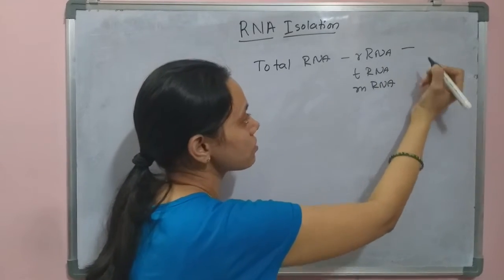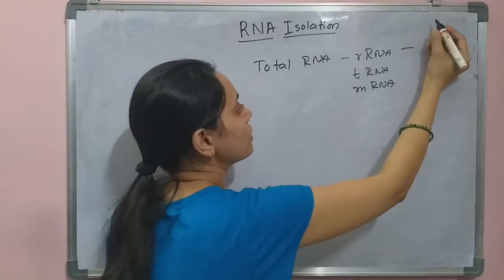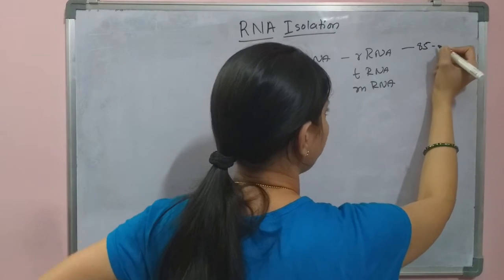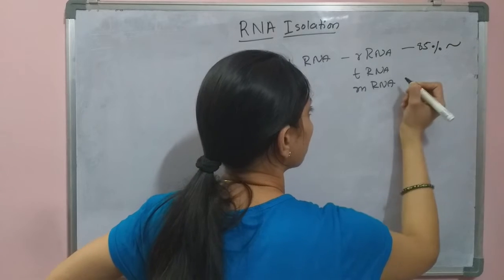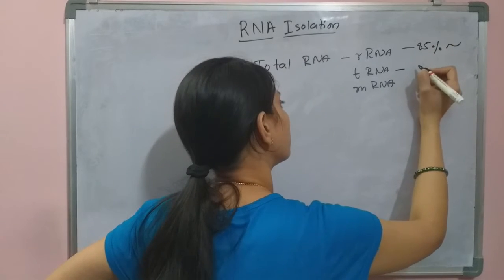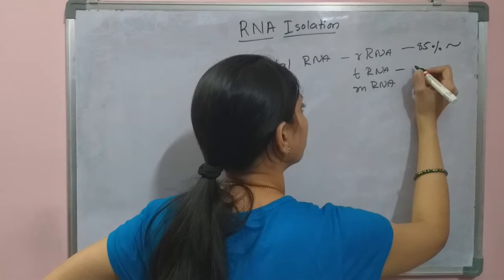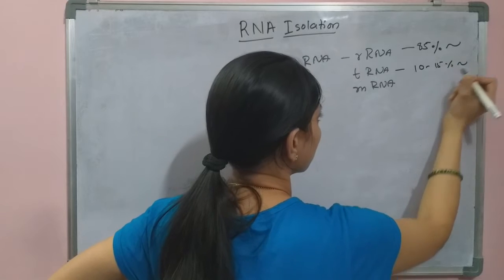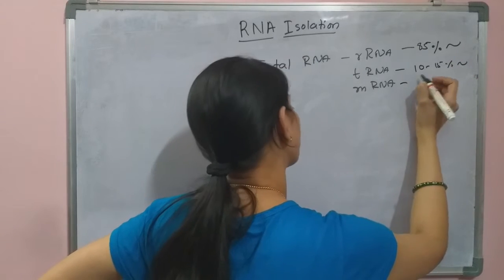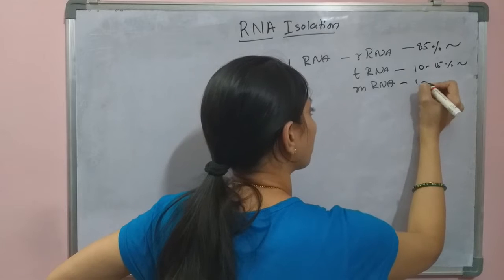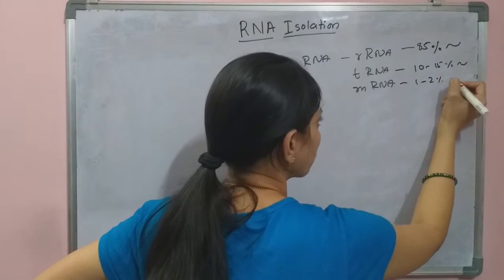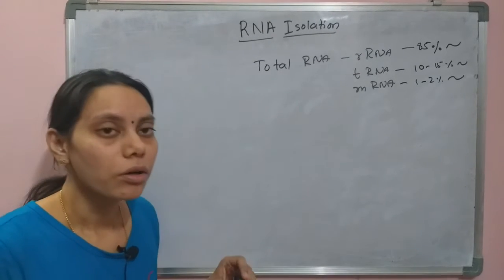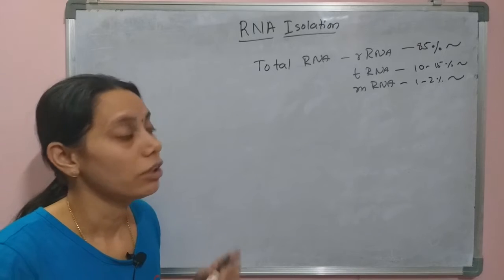Here the percentage may vary. rRNA is in high proportion, which may range from 85 percent, tRNA accounts for 10 to 15 percent, and mRNA accounts for 1 or 2 percent of the total RNA. So this is the most possible combination of the total RNA.